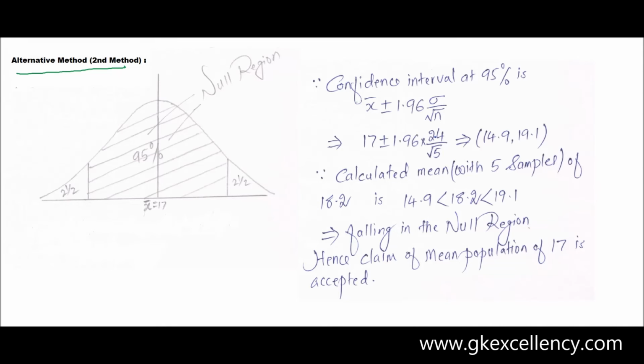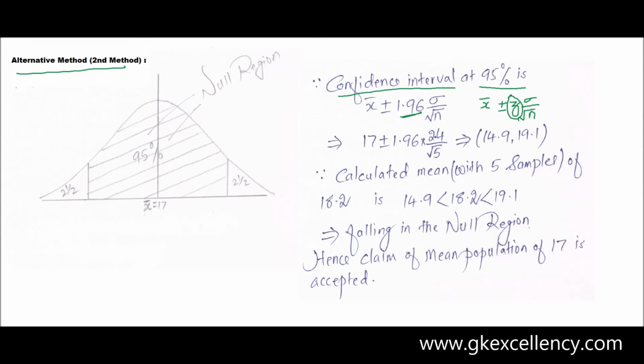As we have seen, the confidence interval at 95% is x bar plus or minus the critical z value, times sigma upon square root of n, where the critical z value is 1.96.